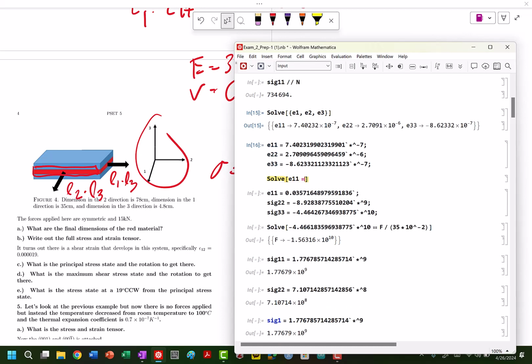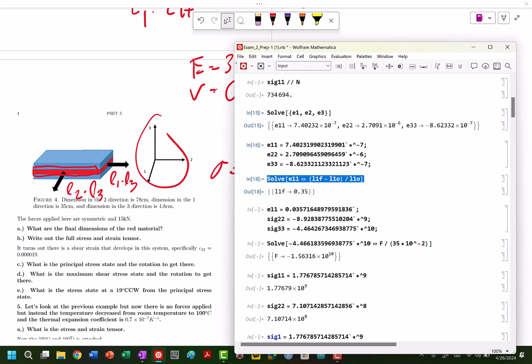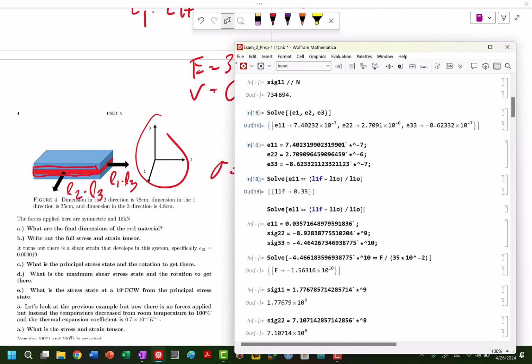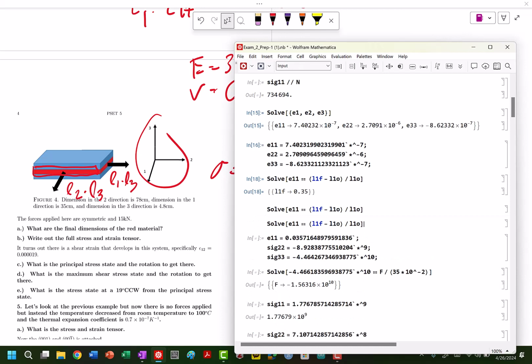E11 is set equal to L1 final minus L1 naught divided by L1 naught. So that's going to be your value here, here, and then also here. I'm just going to do this for strain 2,2. So strain 1,1, it's extremely small, these strains. This will be L2 final, L2 naught, L2 naught.